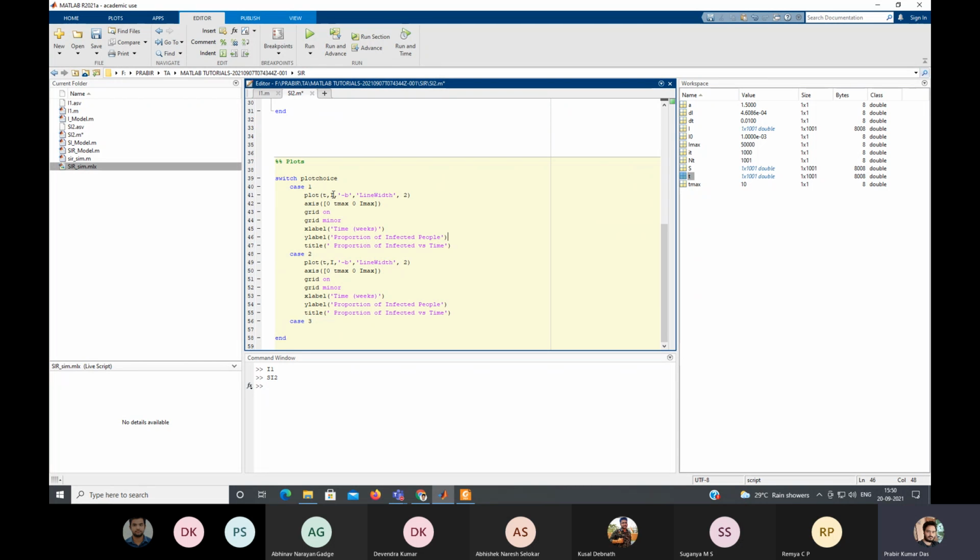So first we will plot S value. So here it should be susceptible. This is infected.